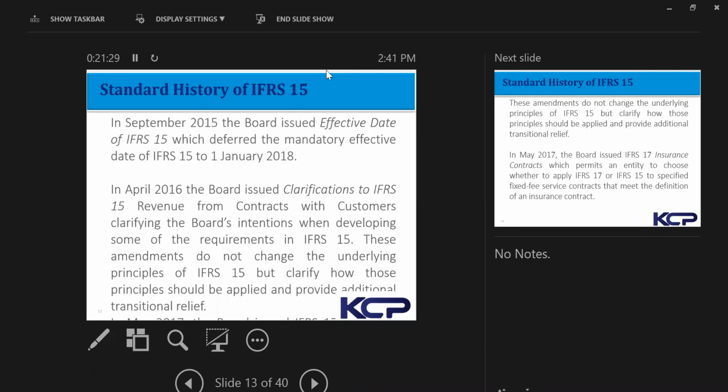These amendments do not change the underlying principle of IFRS 15, but clarify how those principles should be applied and provide additional transitional relief, right?